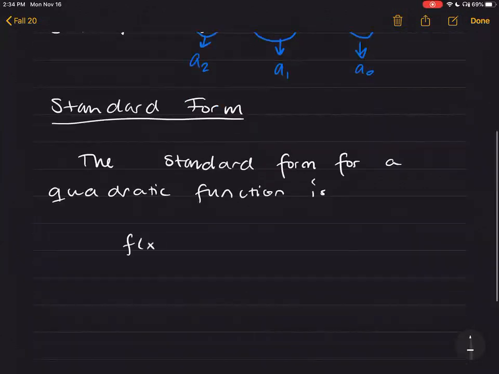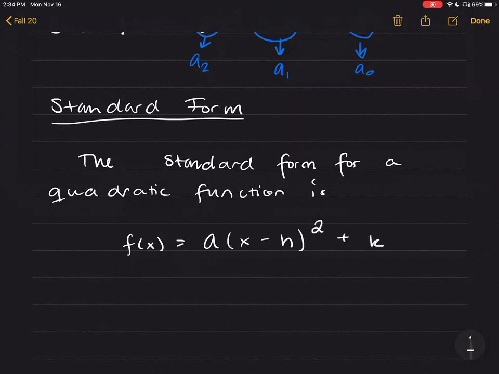So you've got f of x, and then you're going to have some number a, and you've got x minus h, another number, squared, plus k, another number. All right, so for example, a quadratic in the standard form might look something like 2 times x minus 3 squared plus 1, for example. So here a is 2, h is 3, and k is 1.